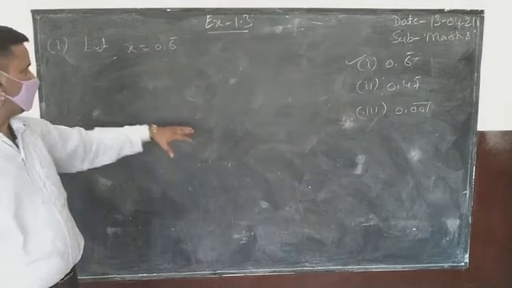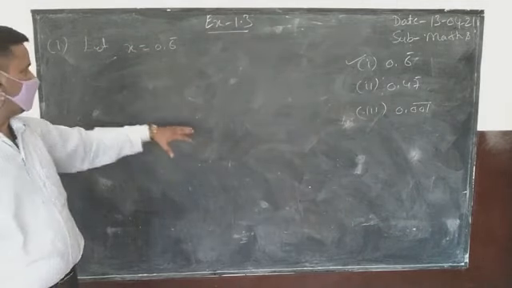First of all, check how many digits are without a bar here. Here only one digit. Suppose the number is in the form 0.247 bar, then there are two digits without a bar. If two digits are without a bar, we multiply by 100. If one digit is without a bar, we multiply by 10.